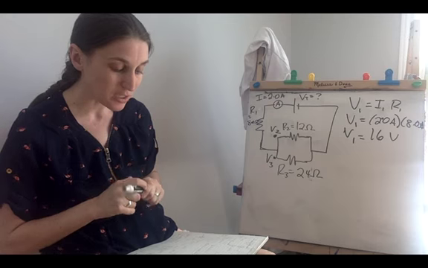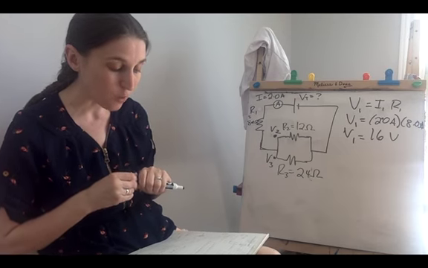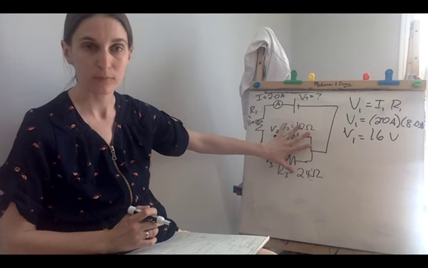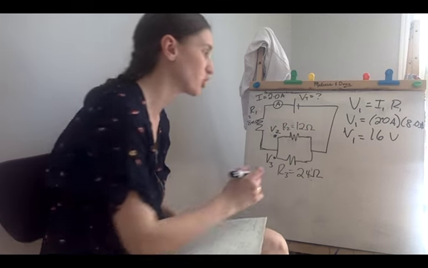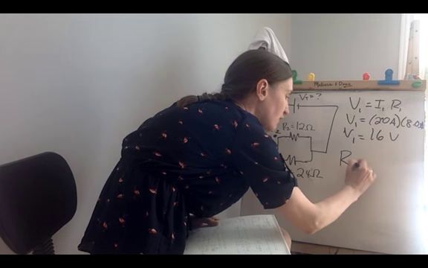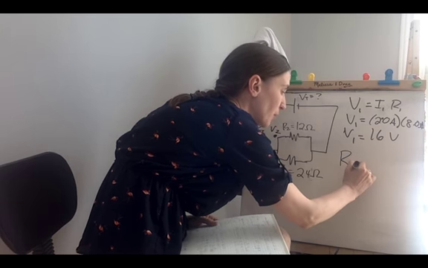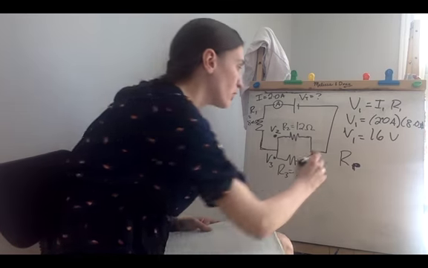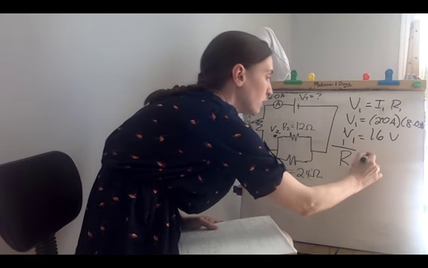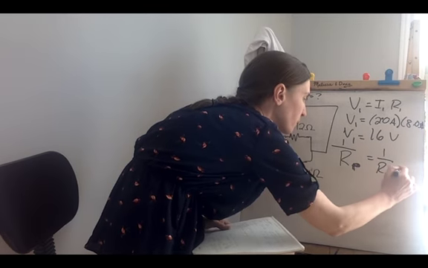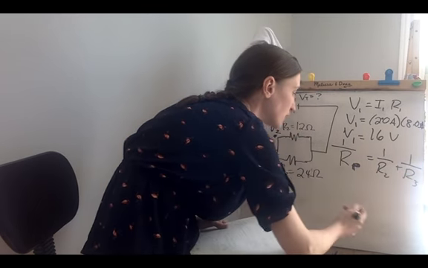So what we actually need to take a look at is what's going to be the total resistance in just the parallel section. I'm going to label that as R sub P, the resistance in the parallel section of the circuit. Since they're in parallel, I would do 1 over R_P is equal to 1 over the resistance in 2 plus 1 over resistance in 3.